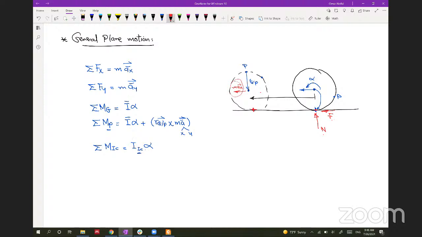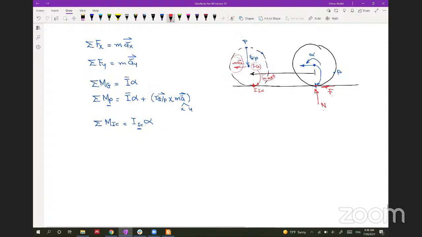So you will get I at G and then transfer it to here by adding the mass multiplied by d squared. Then you will get the I at the instantaneous center of zero velocity and then multiply it by alpha, which will be much easier than doing a cross product and getting messed up with the sign and the cross product process overall.